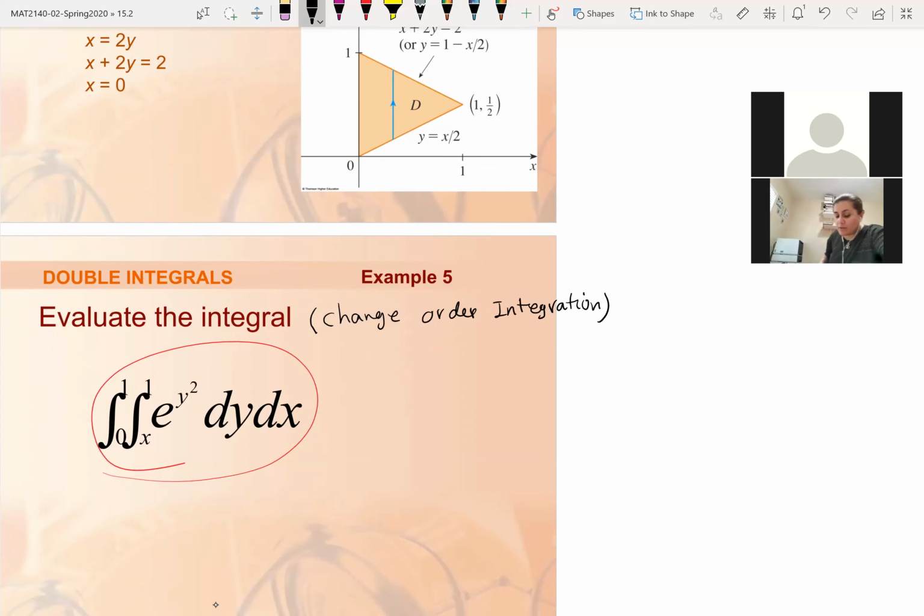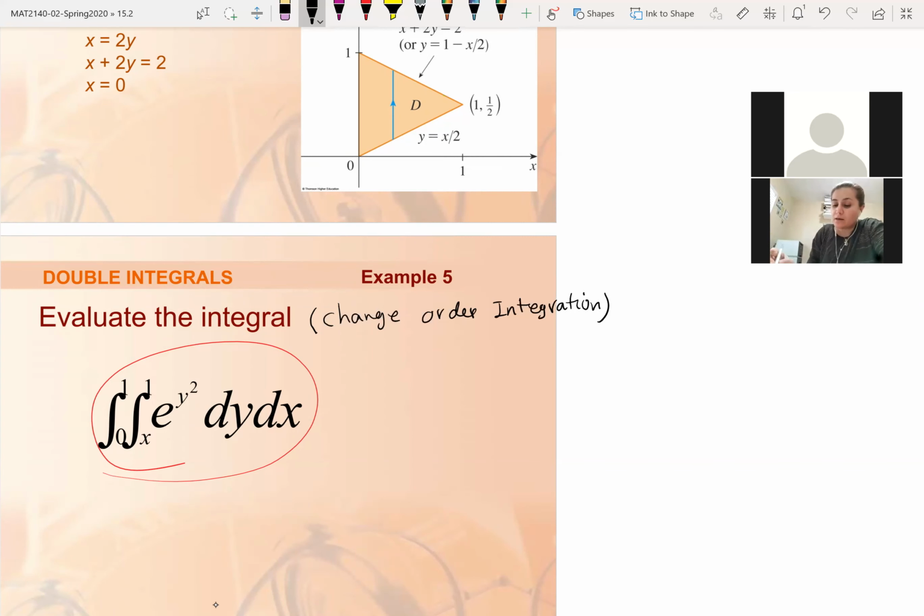If you remember in calculus 1, you have had non-integrable functions. One of these non-integrable functions was e to the x square. Why is this going to be non-integrable?